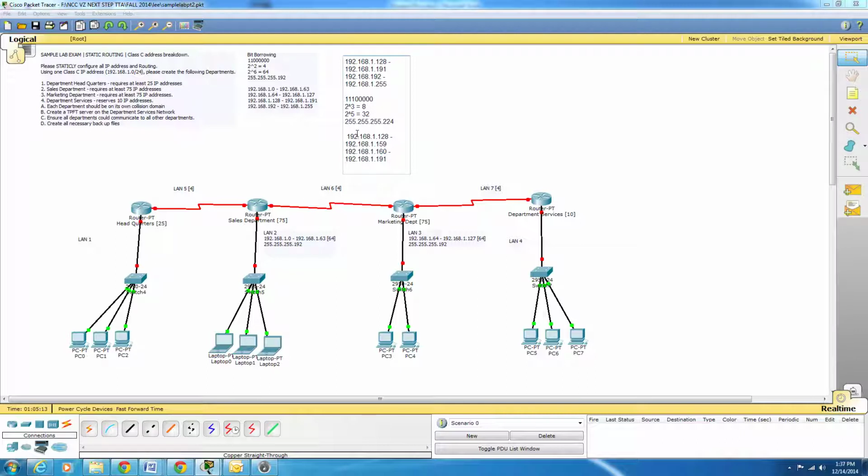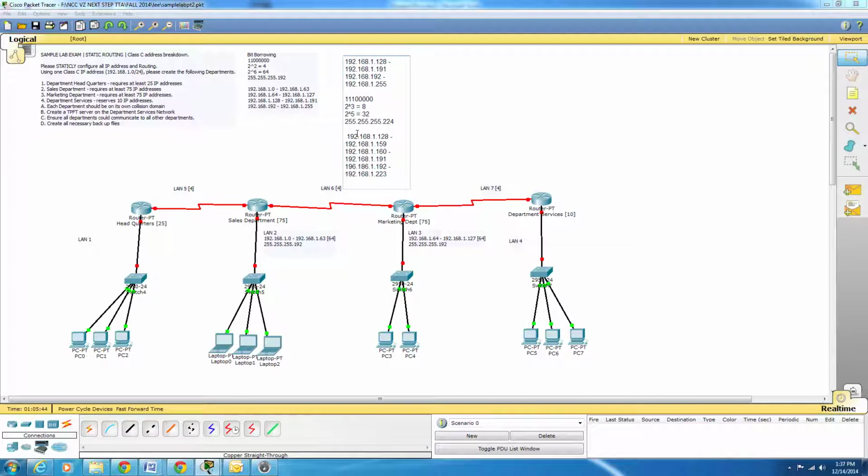The third block of IP addresses would be 192.168.1.192, and that one will go all the way to 192.168.1.223, because you're adding 31 to 192, which equals 223.